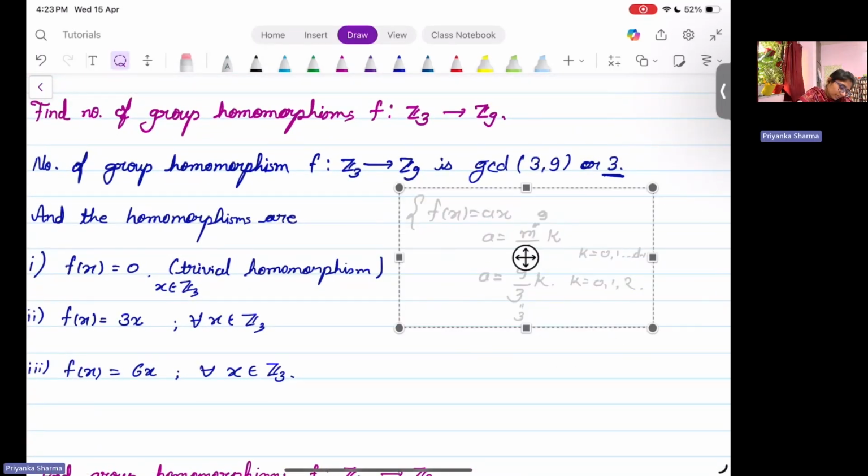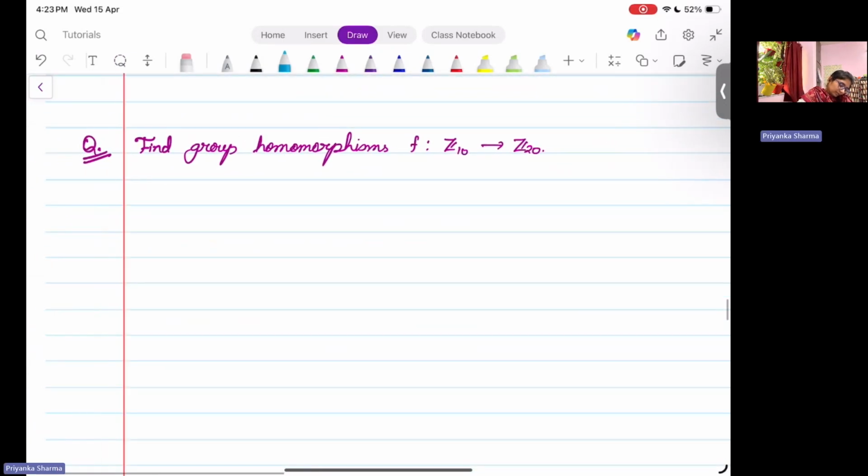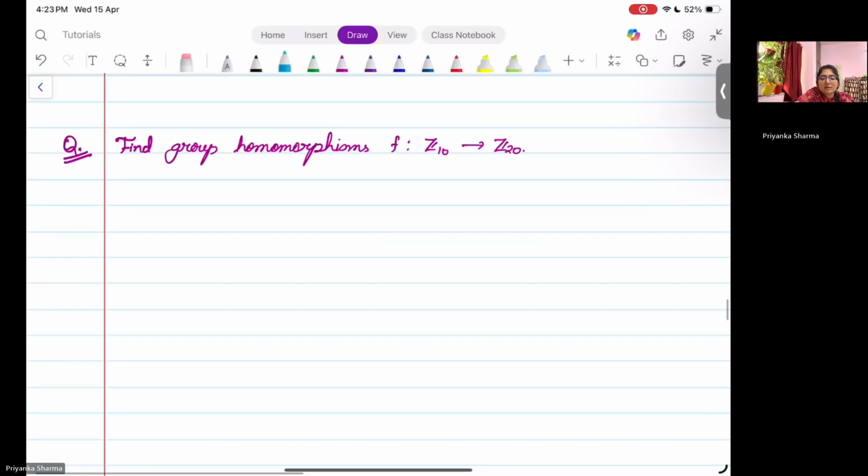Okay, I'm not erasing this. Let it be here. Next question is, find group homomorphisms f from Z10 to Z20.